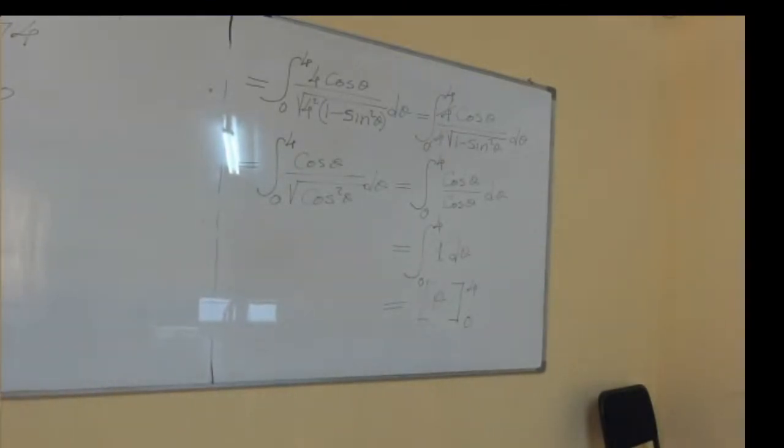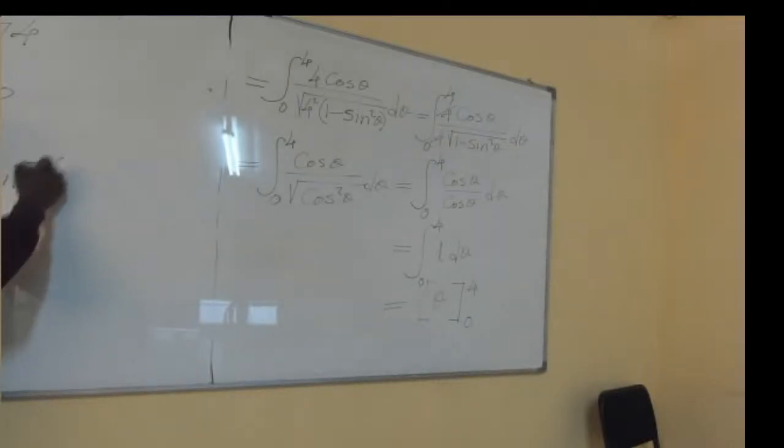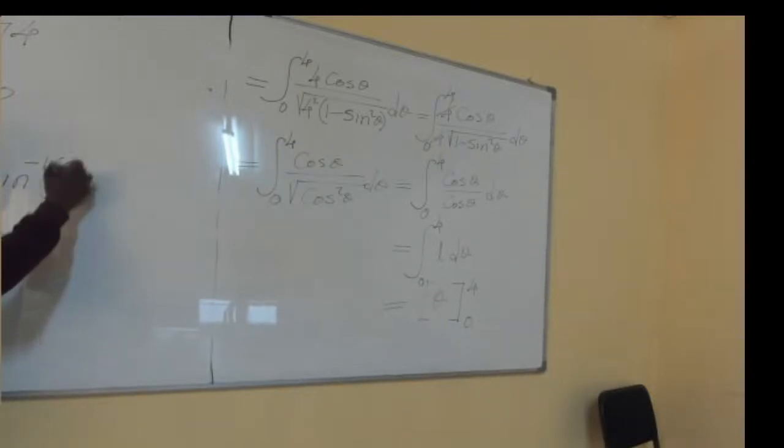And when you substitute a 4 there, what we're going to get is sine inverse of 4 over 4 minus sine inverse of 0 over 4.